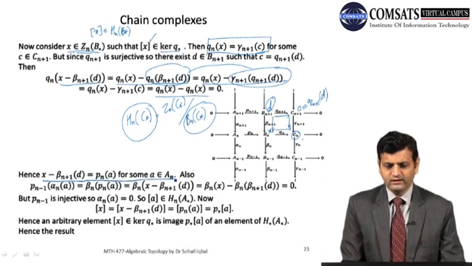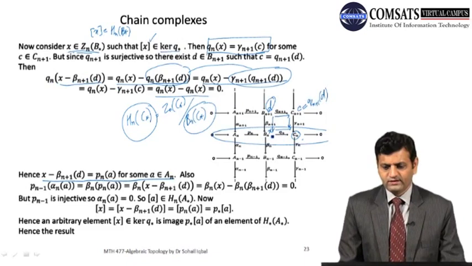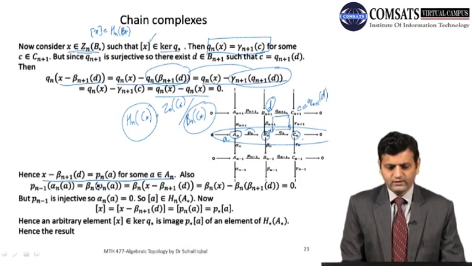Hence X minus beta n plus 1 of D is equal to Pn of A for some A belongs to An, because Qn of this element is 0. We know, using the exactness of this portion, that if there exists an element of Bn such that Qn takes that element to 0, then from the condition that image of Pn is equal to the kernel of Qn, that element is the image of some element of An, and we are taking that element to be A. Also, apply alpha n and then Pn minus 1 on A, and this must be equal to applying Pn and then beta n on this.